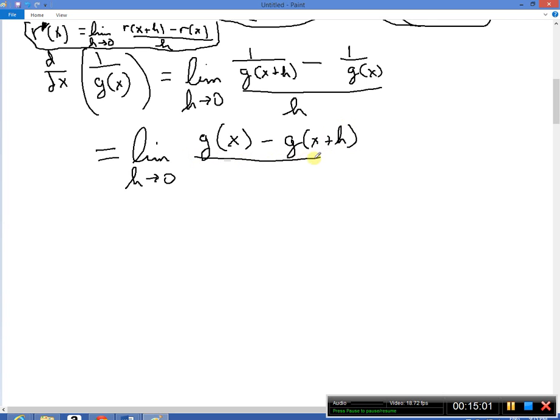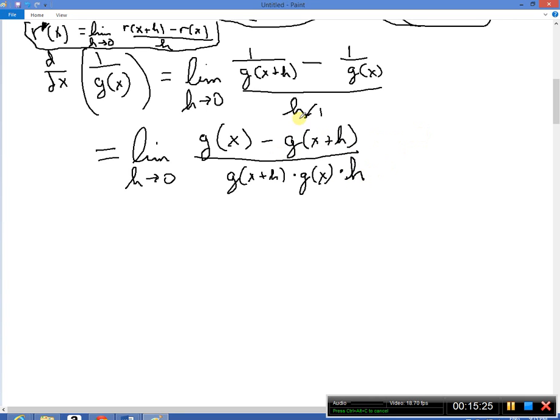And the denominator is the common denominator, g of x plus h times g of x. And then I've still got this divided by h, but I don't want the compound fraction, so think of that as h over 1, flip and multiply, so I end up with the h down here.